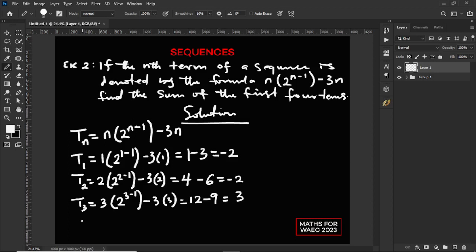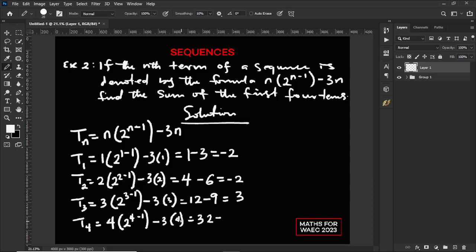So the fourth term now, that is T4. That will now be 4 into 2 raised to power 4 minus 1, minus 3 into 4. 4 minus 1 is 3, so 2 raised to power 3 is 8. 4 times 8 is 32.